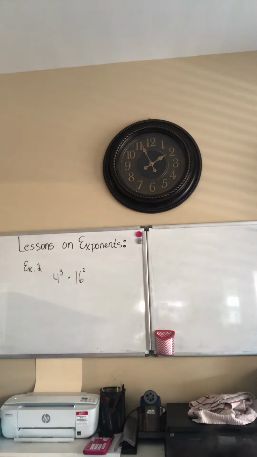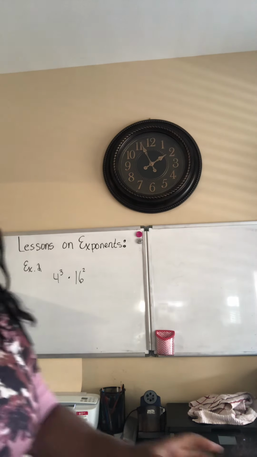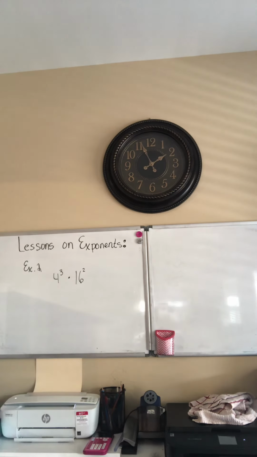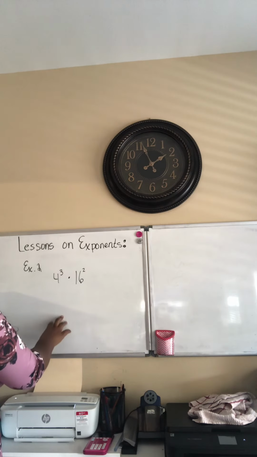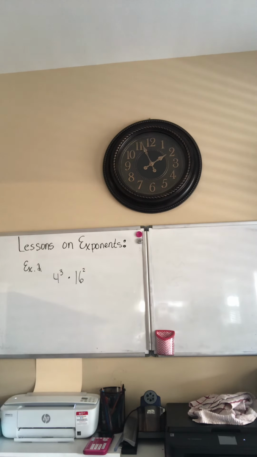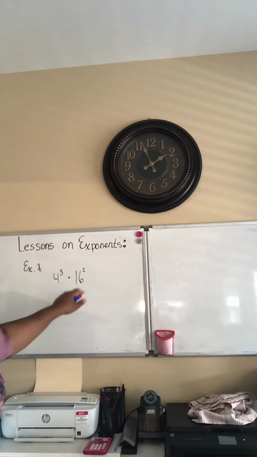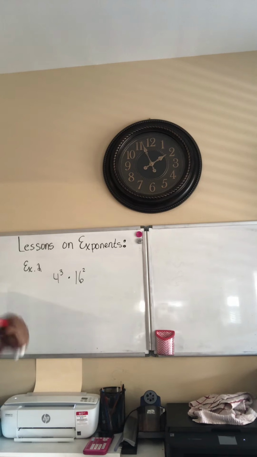Okay? Now, the way that this one is right here, we cannot multiply it without changing something. Something has to be changed here. So we can either change this and figure out what the number is and then multiply it and then work backwards. Or we can ask ourselves, does either one of these have a power that we can break this down into?